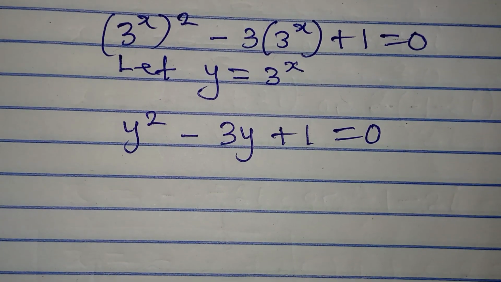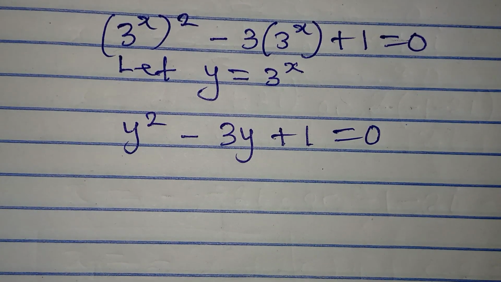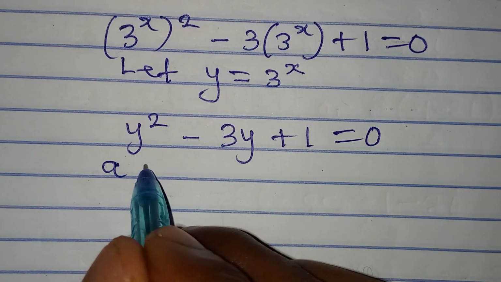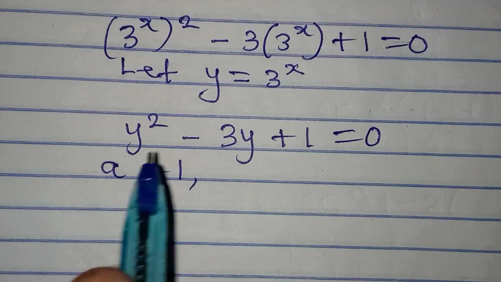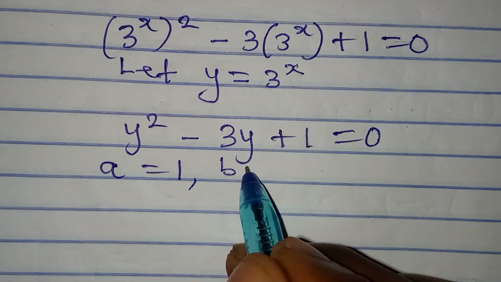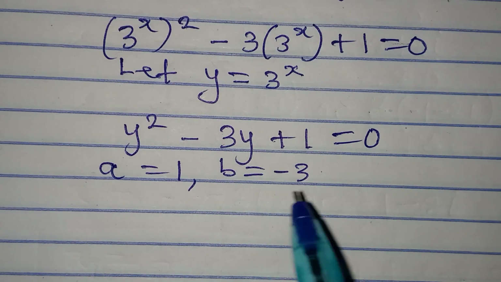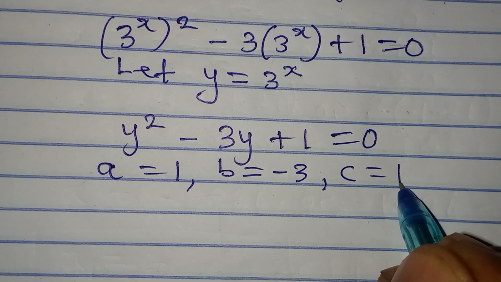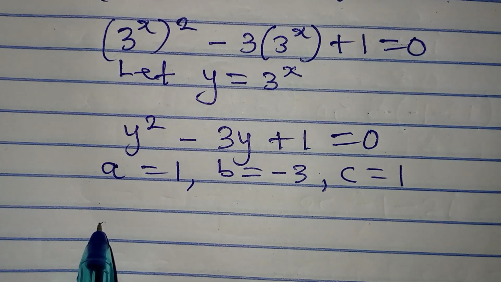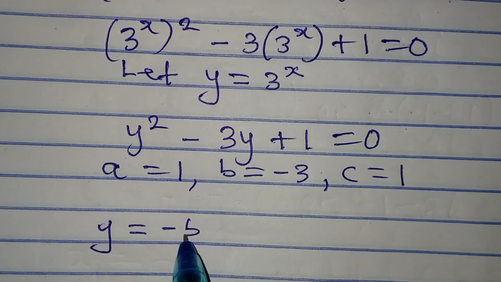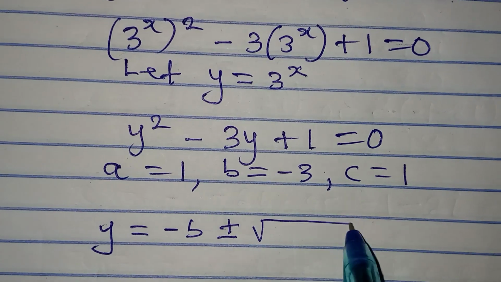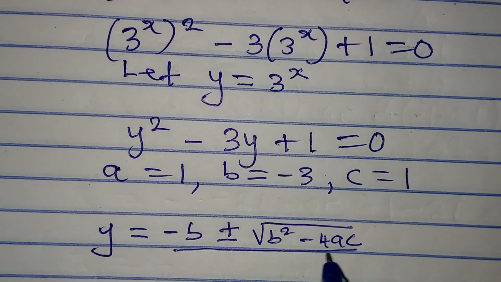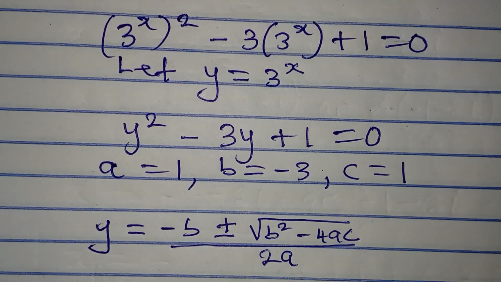Now we have a quadratic equation that we can solve using the formula method. According to this equation, our a is 1, that is the coefficient of y squared. Our b is minus 3, that is the coefficient of y, and then the c is equal to 1, the constant. And the formula is y equal to minus b plus or minus square root of b squared minus 4ac, and the whole of this is over 2 times a.